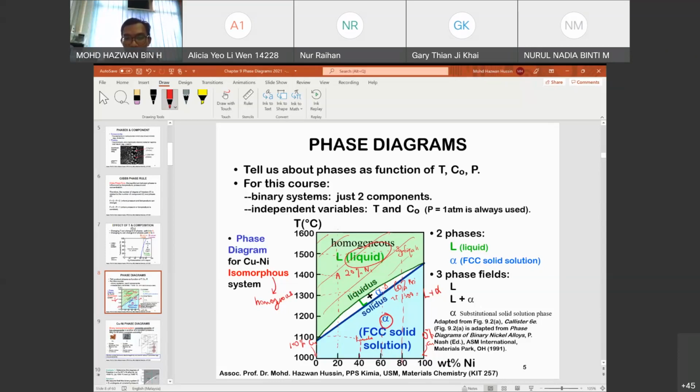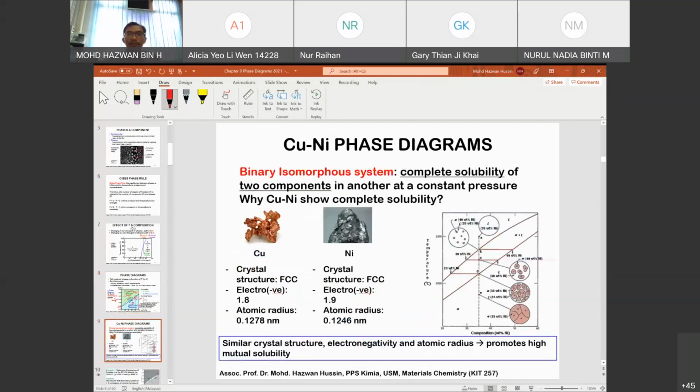Anything that falls into the white region will be known as liquid plus alpha, and anything that falls into the green region will be known as liquid. Okay, is it clear? All right, so back to the concept, binary isomorphous system. So how is it possible for an alloy to form an isomorphous or homogeneous system?